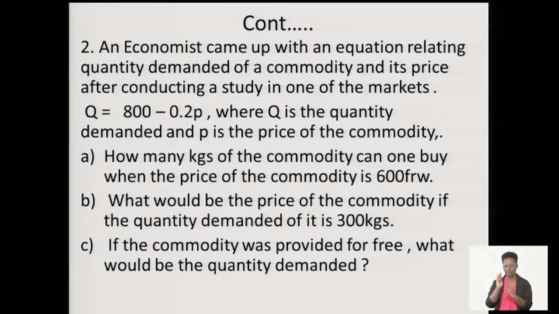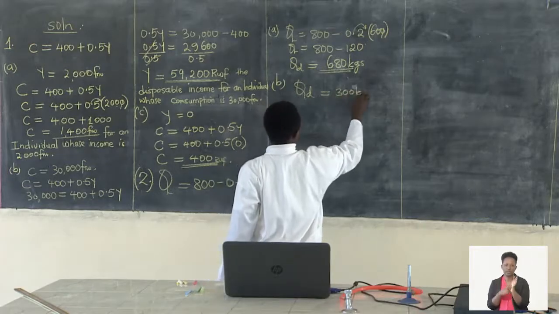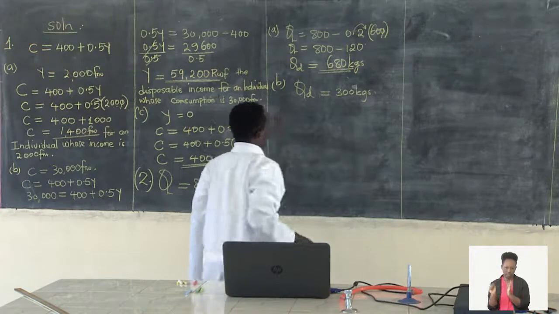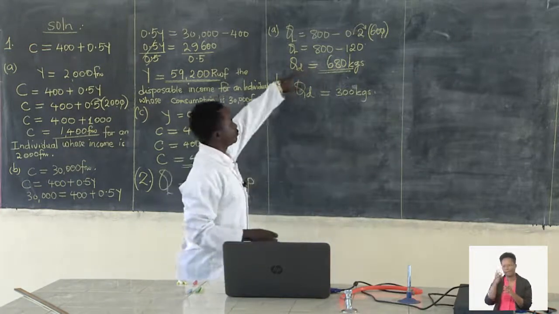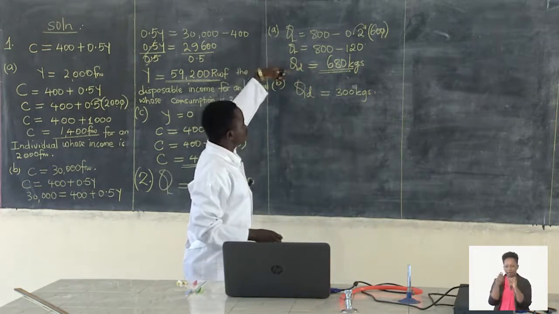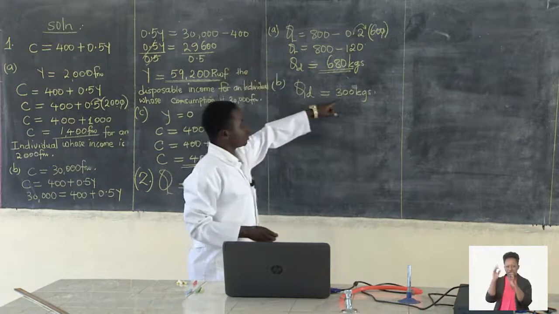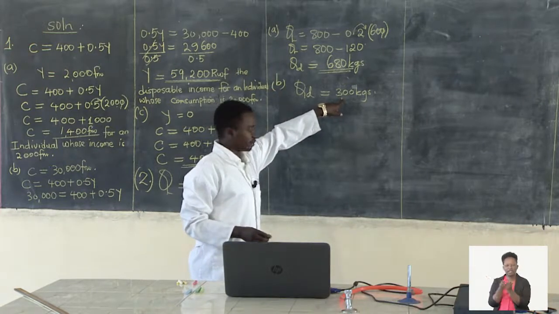Then part B: what would be the price of the commodity if the quantity demanded of it is 300 kilograms? In this case, we have been given quantity demanded as 300 kilograms. So what would be the price level now?